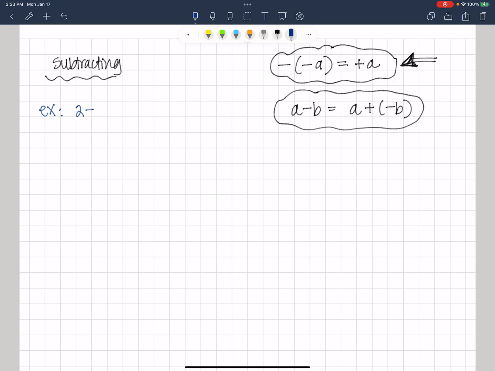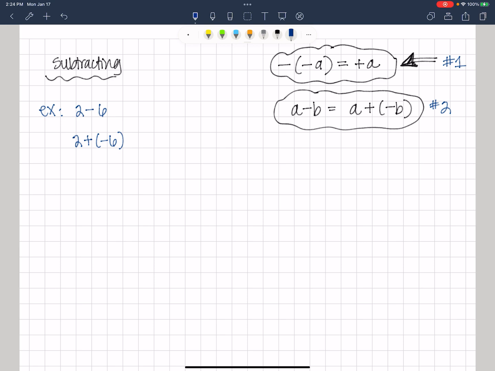Let's try 2 minus 6. Are we going to use our number 1 rule or our number 2 rule? This is going to be number 2. We're going to rewrite this as 2 plus negative 6. Now I'm going to use the rule for addition.